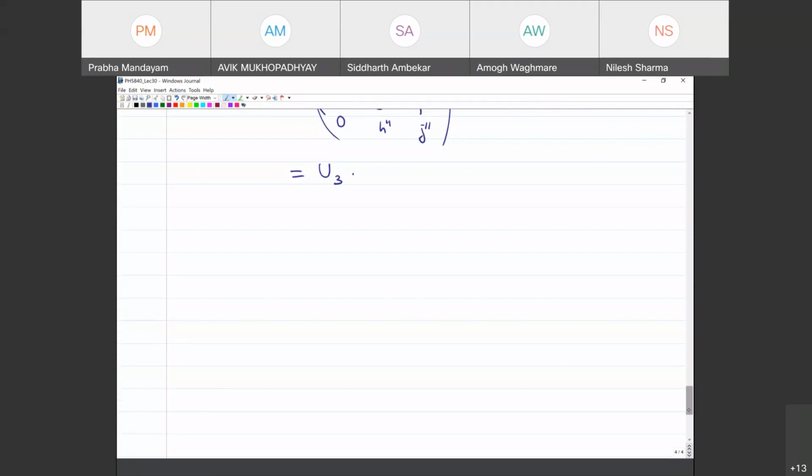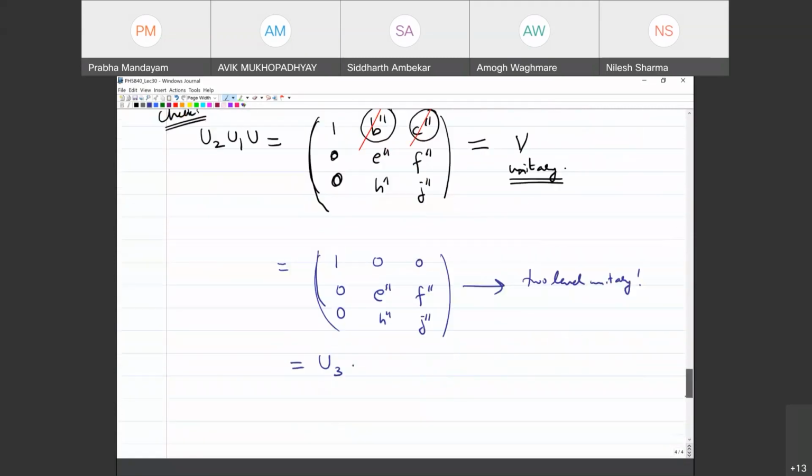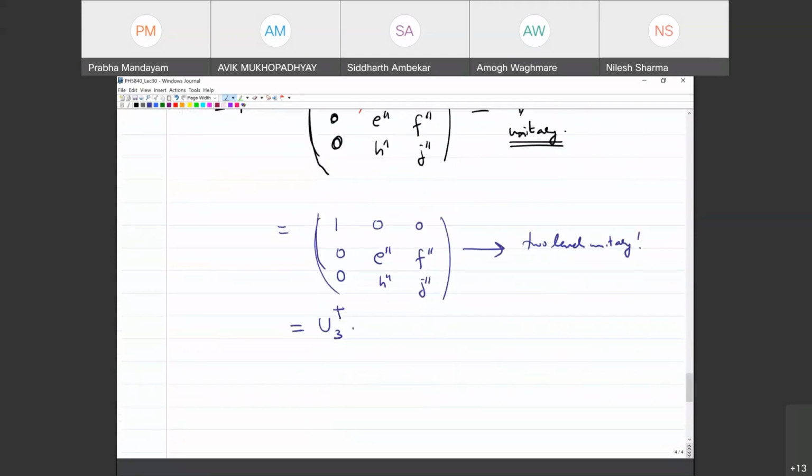Essentially, I don't know if I want to call this U3 or U3 dagger, because of the way we wrote down the statement. So now if you notice, you have U3, U2, U1 will be identity, because what is this equation telling you? U2, U1, U is U3 dagger. So okay, let me write this out neatly again.